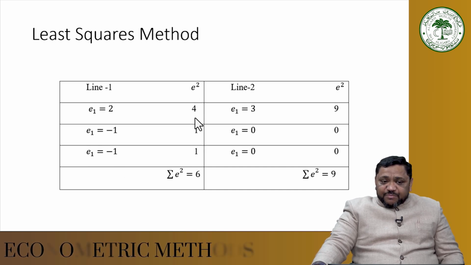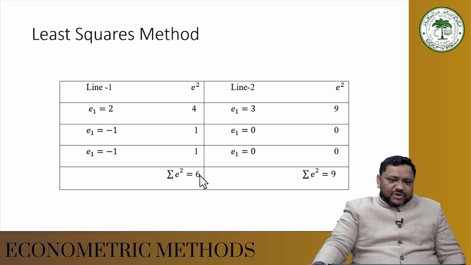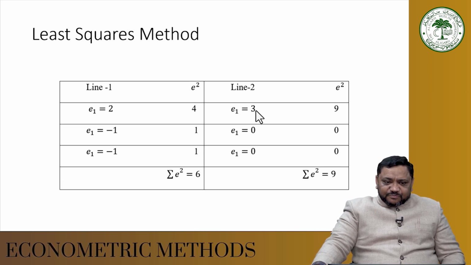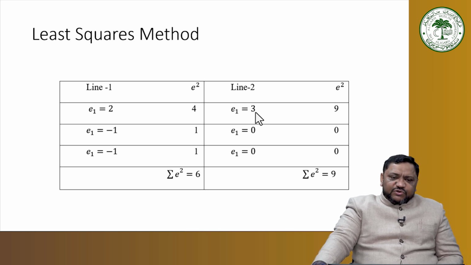When we sum it, it is 4 plus 1 plus 1, which is equal to 6. The second line: the first error term was +3, and there were no errors for the others as the line was passing through those points. Squaring 3, we get 9, and for 0 the square is 0. When we sum it, it is 9.